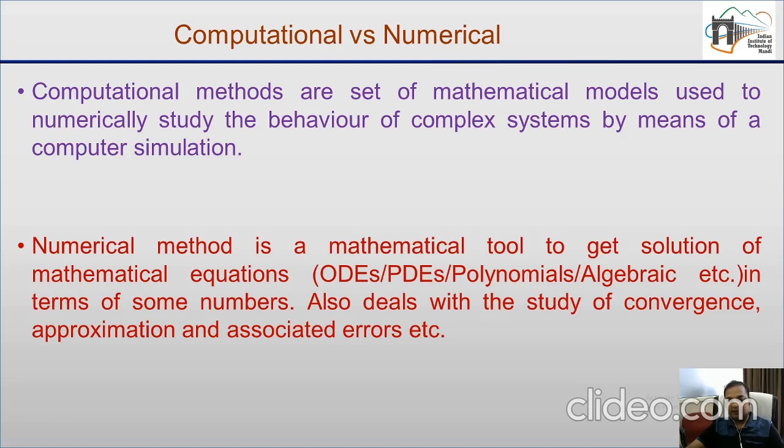For finding the root, we have the Newton-Raphson method. Similarly, for getting the solution of algebraic equations, we have the Gauss elimination method. So these are the numerical techniques. And numerical methods also deal with the study of convergence and numerical analysis. All these things we will discuss in the course in detail.